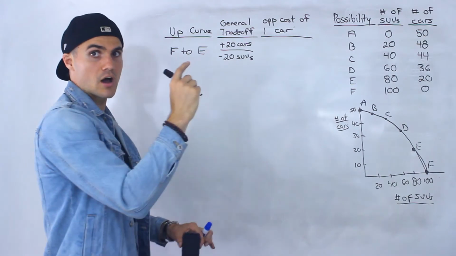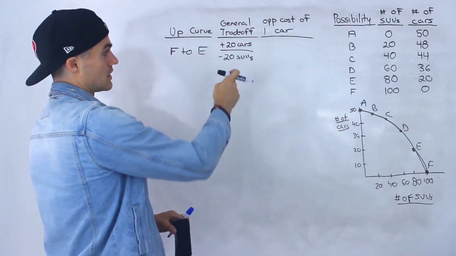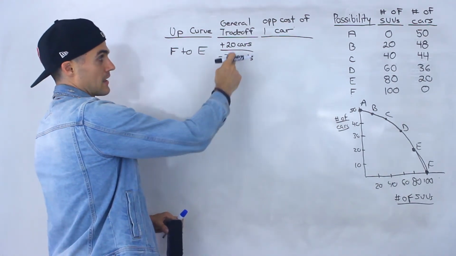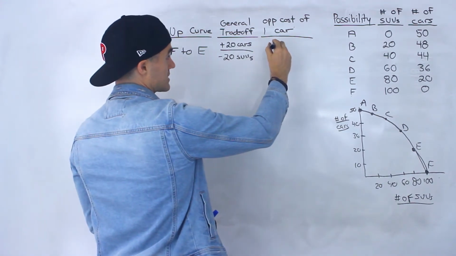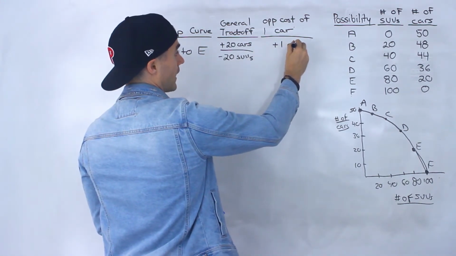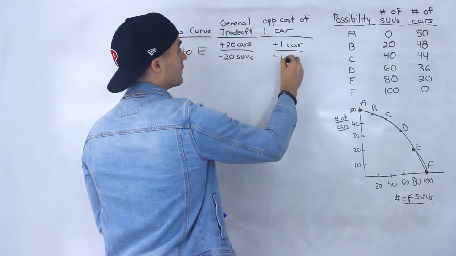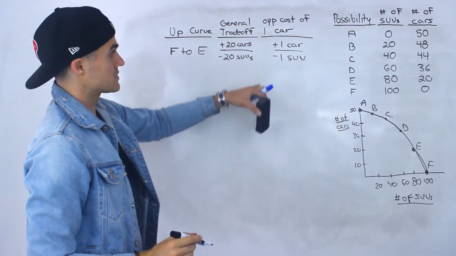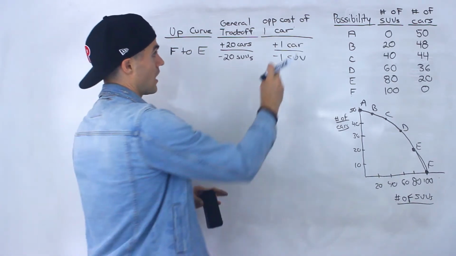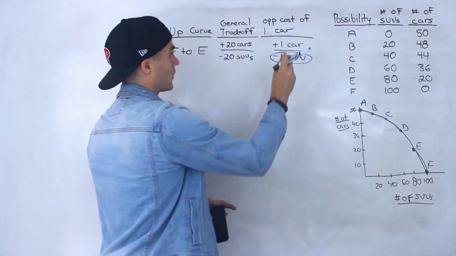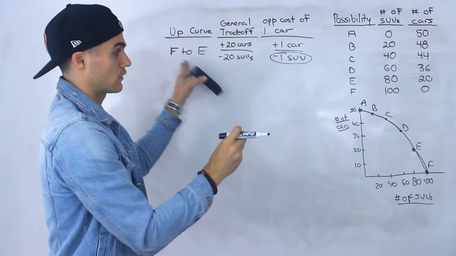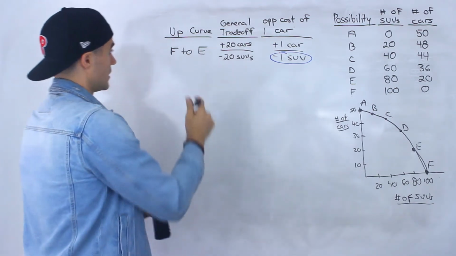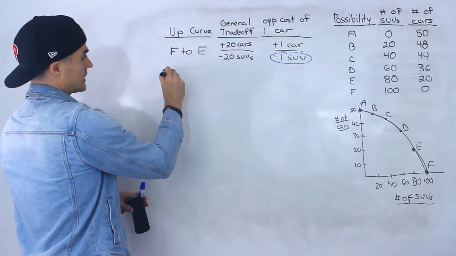So the opportunity cost of producing 20 cars is 20 SUVs. And this actually reduces nicely to, if we want to make one extra car, we have to sacrifice one SUV. So that's the opportunity cost of producing one extra car in this interval going from F to E.